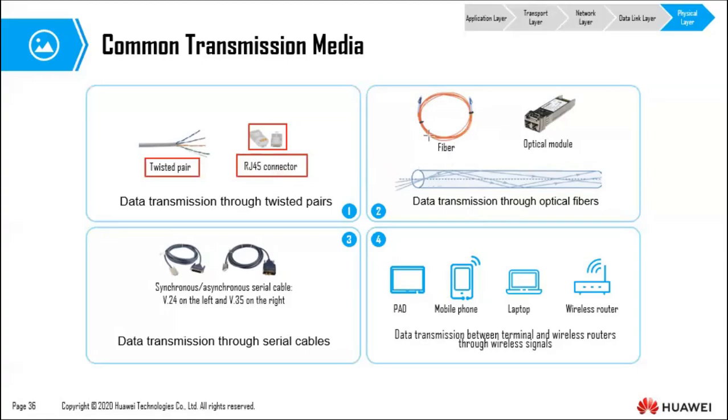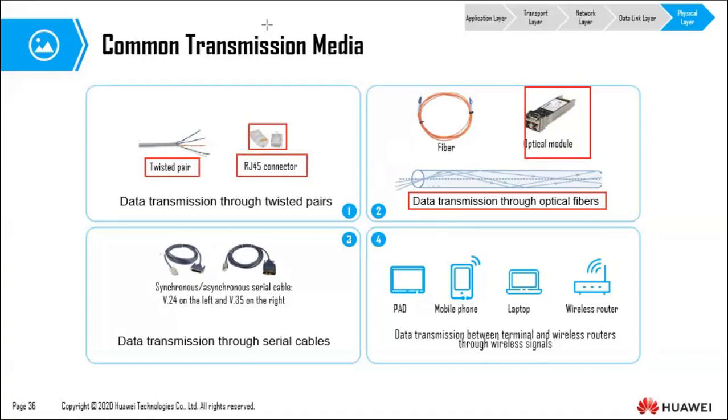Then we also have fiber. Fiber uses light to transmit. Data transmission through optical fibers is also possible. And normally we have an optical module. Oh, something I didn't say about the twisted pair.